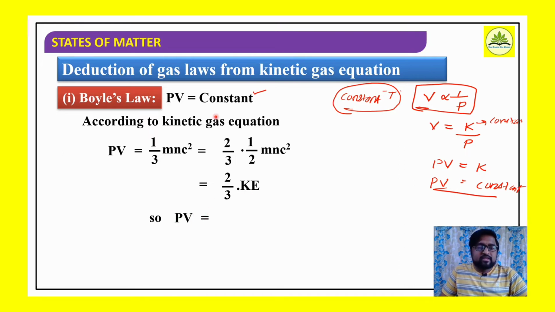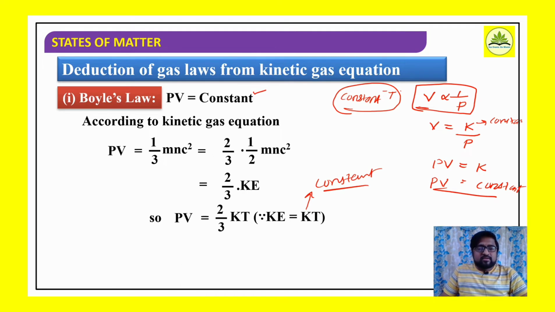So PV is equal to 2 by 3 kT, since KE is equal to kT, where k indicates a constant.